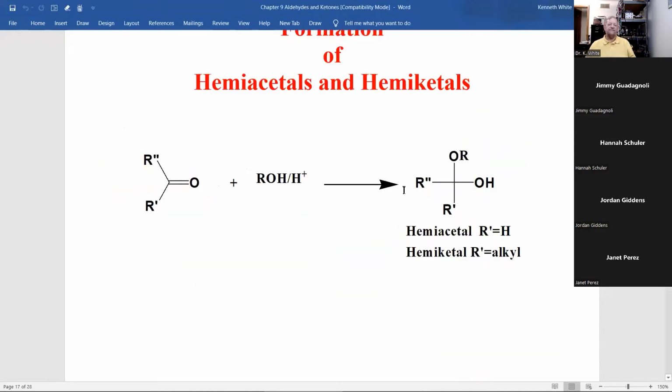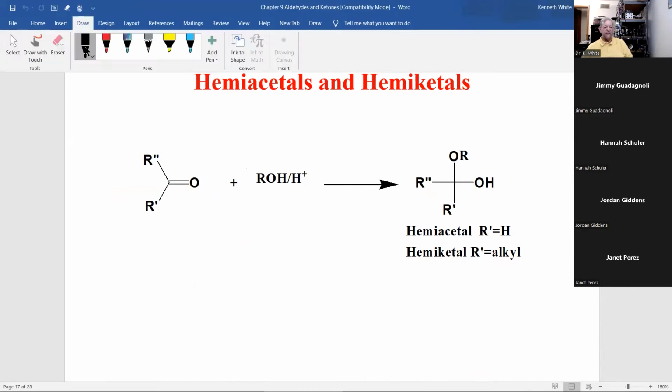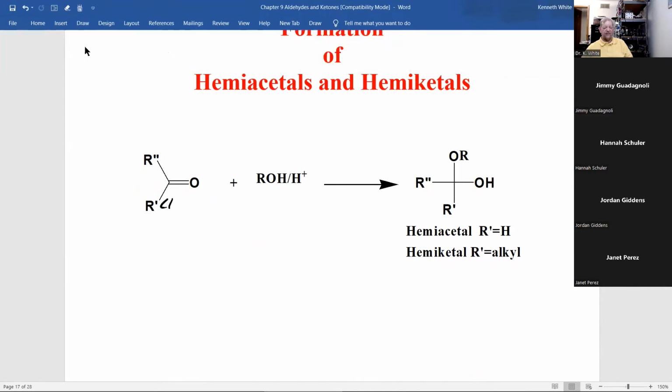Now, yesterday, Wednesday, I started talking about these reactions, and I went through, if you take an aldehyde or ketone, and this could be H and a carbon there, you form a hemi-acetal or hemi-ketal, and you react it with acid and an alcohol.